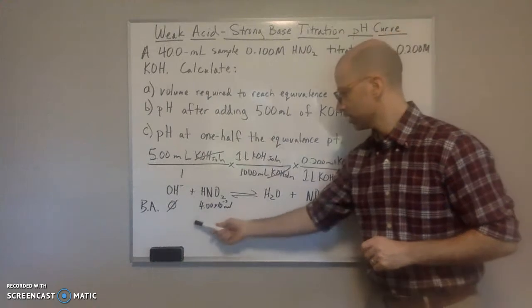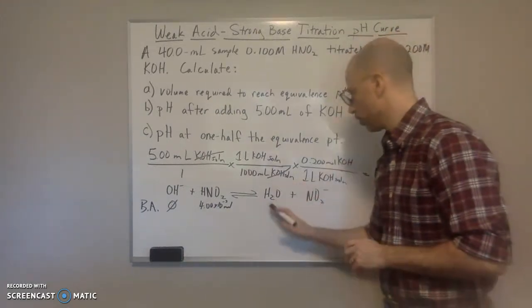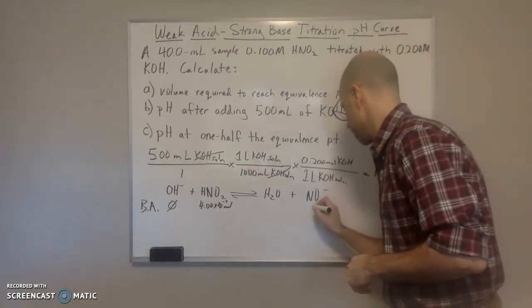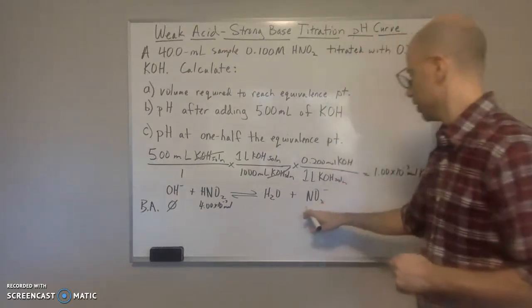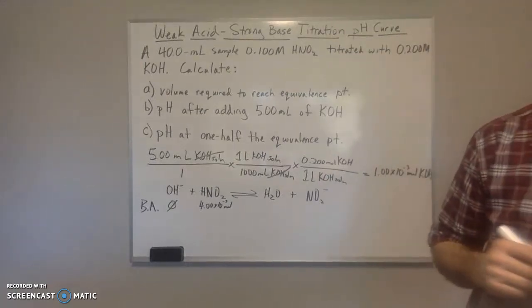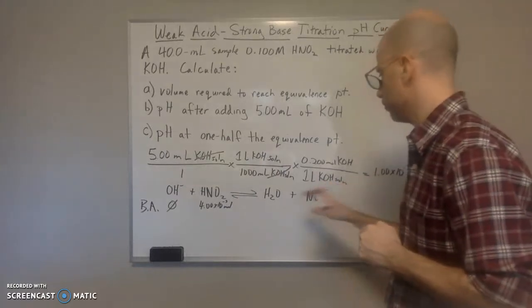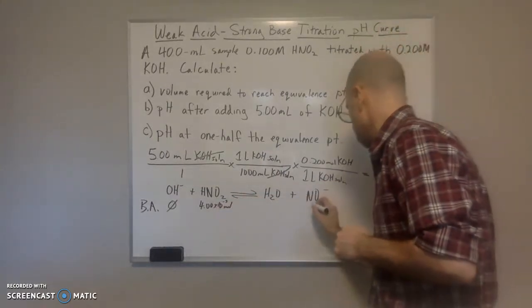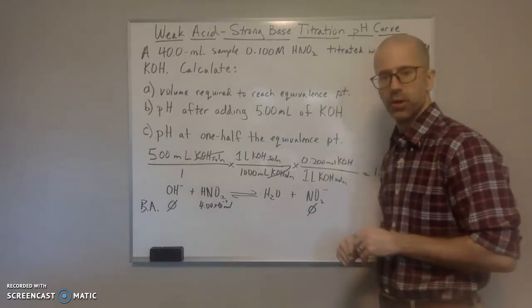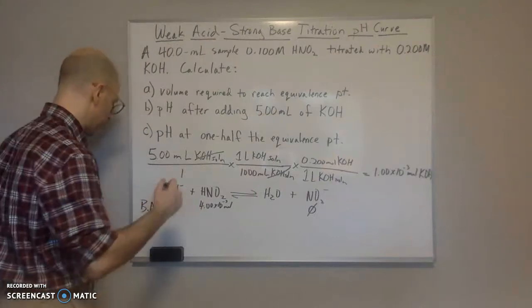So that's the number of moles of HNO2 that we have to begin with. We're ignoring water, and the NO2 minus is essentially 0. It's not quite 0, but practically it's 0. So that's before we add any base.